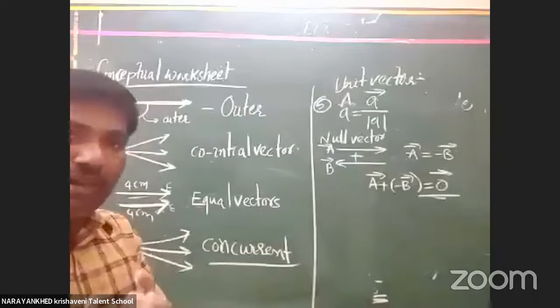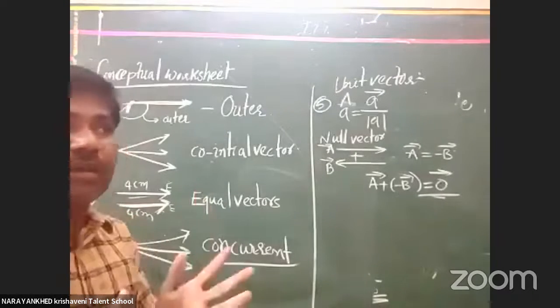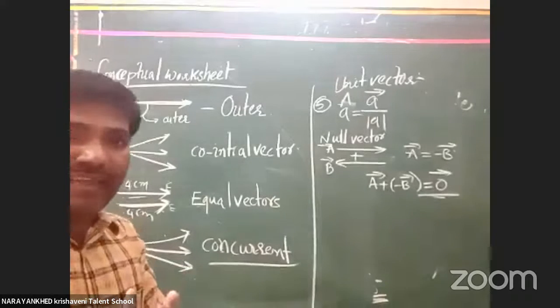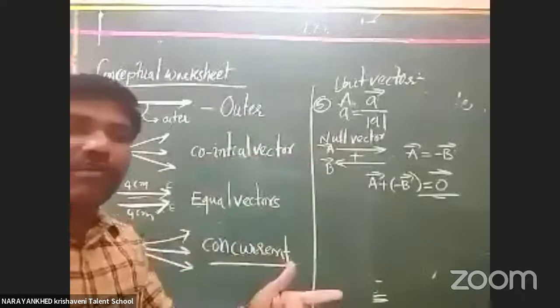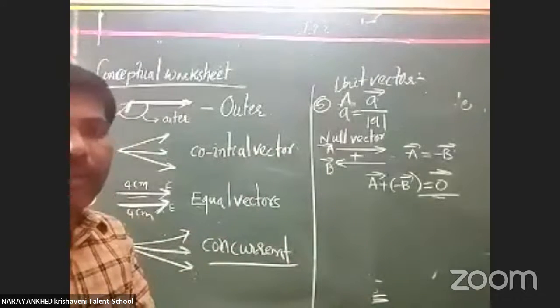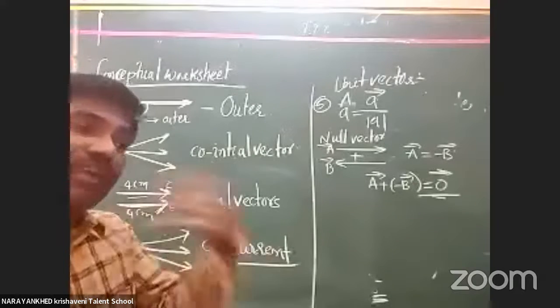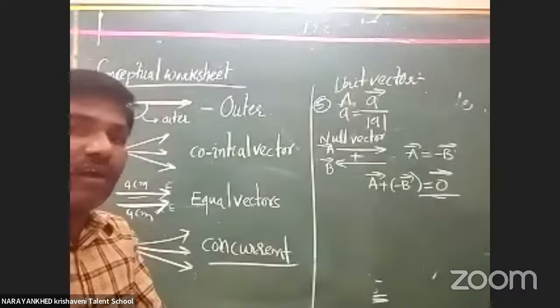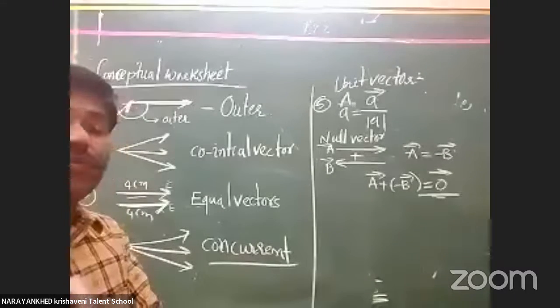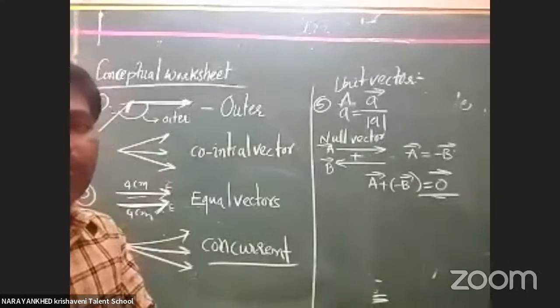And the modulus: how to find the modulus and how to write the component along individual axes. Today we discussed one-dimensional, two-dimensional and three-dimensional vectors. They may ask what is the two-dimensional vector of the given three-dimensional vector, along the XY plane. That's why please concentrate on those components. Okay, thank you.